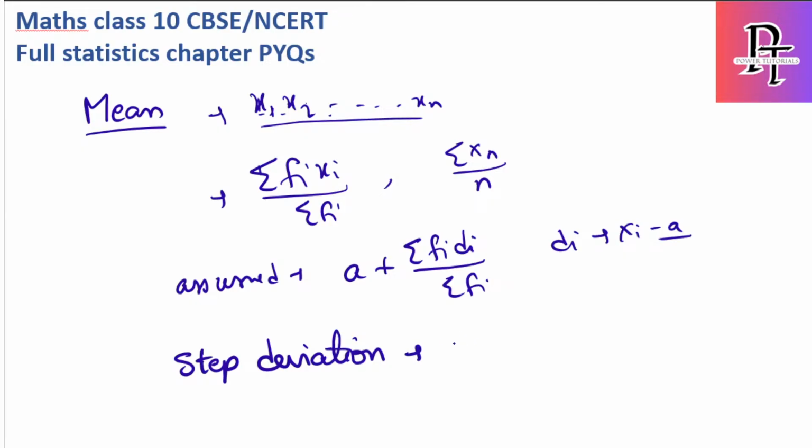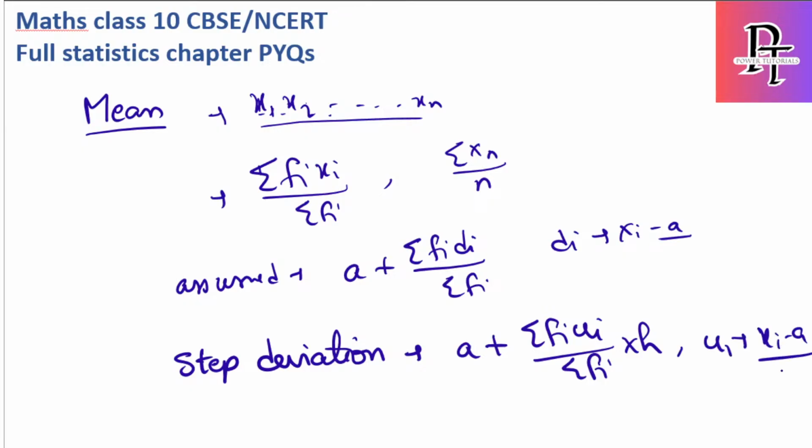Using step deviation, the formula is again a plus sigma fi ui by sigma fi into h, where ui is written as xi minus a by h. Okay, this is for mean.